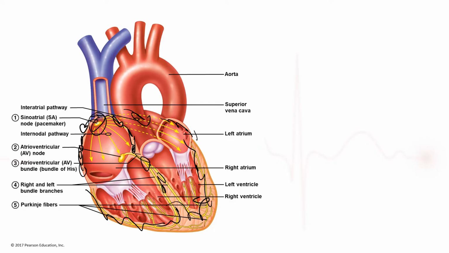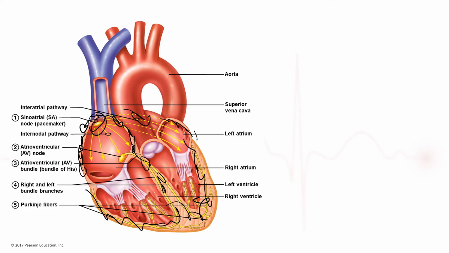But what's that actually going to result in? If the action potential moves from the SA node fibers and it propagates into all of the contractile fibers of the heart, what's the action potential going to do to those fibers? And the answer is, well, we just went through it in an enormous amount of detail. It's going to cause them all to contract through the process of excitation contraction coupling.